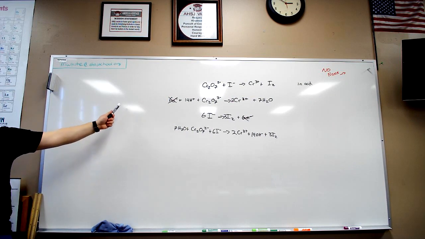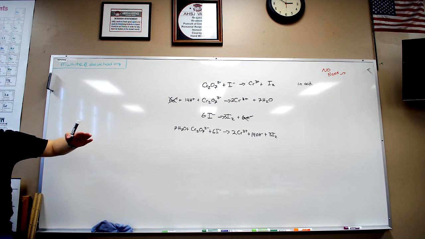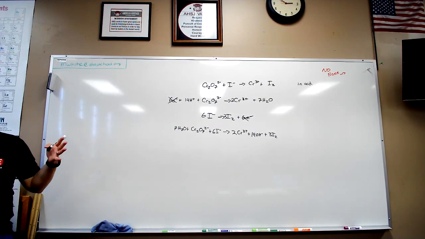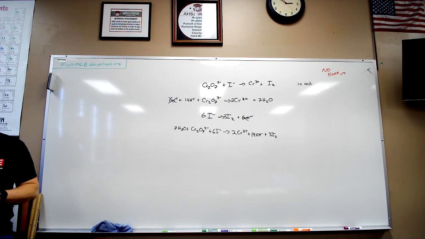Or the half reaction method, where we split it, balance each one independently using electrons, water, and H plus, and then put them back together. Or if it's in basic, like I said, I find it easiest to just use H plus the whole way, and then just at the end, react all of your H plus with OH minus, and put that many OH minuses on the other side.